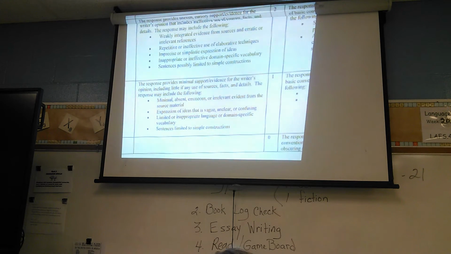And so abbreviations like that don't have a place here. And then sentences are all simple sentences, meaning you don't have any dependent clauses, you don't have any compound sentences, things like that. Okay, so that's evidence and elaboration. Think about that. That's 4 points. That's a lot. Are you providing evidence? Are you only providing one piece of evidence?